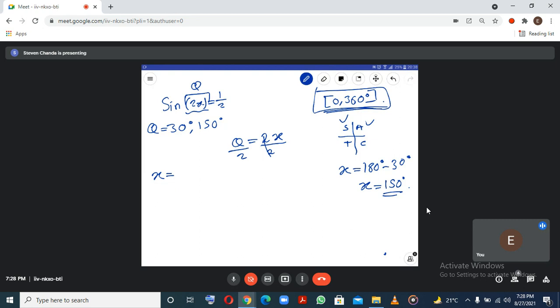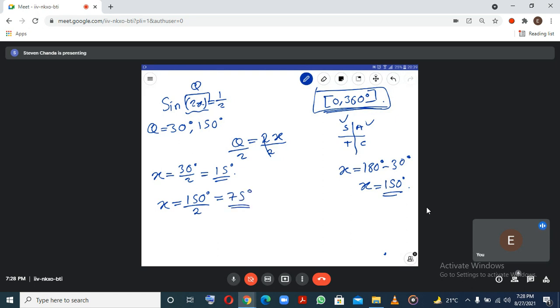Okay, so there we have it. So now what we're going to do, our theta there is 30 over 2, so that's going to be 15 degrees. Then x, that's 150 over 2, that's 75, right? So then what does this tell you?